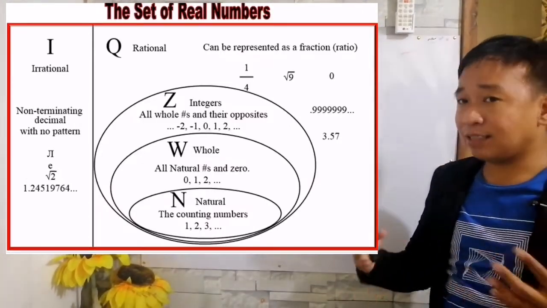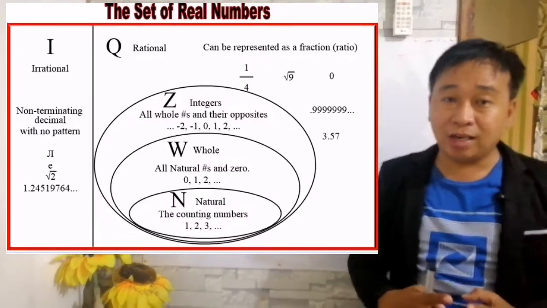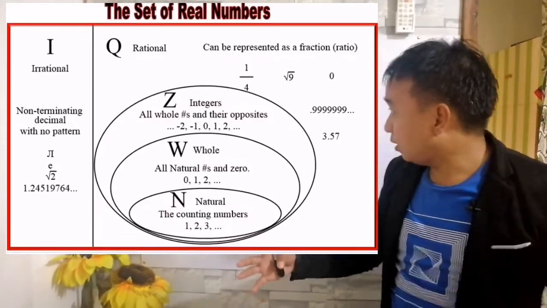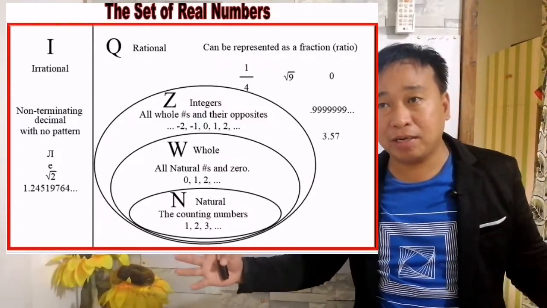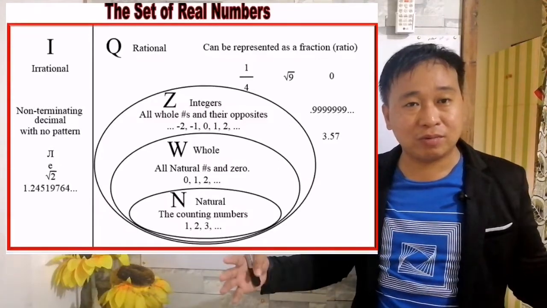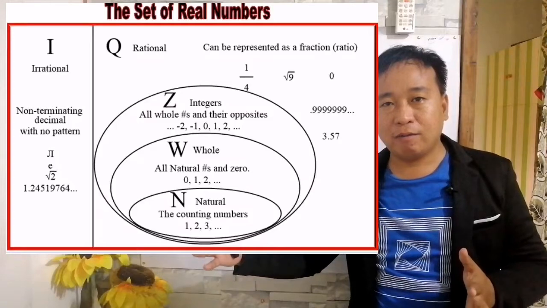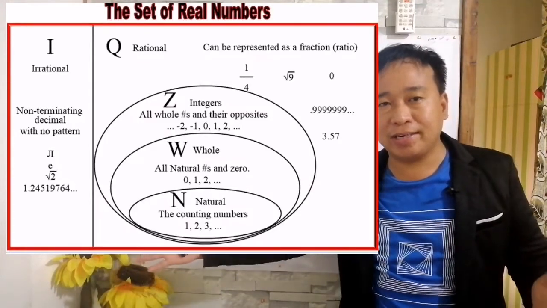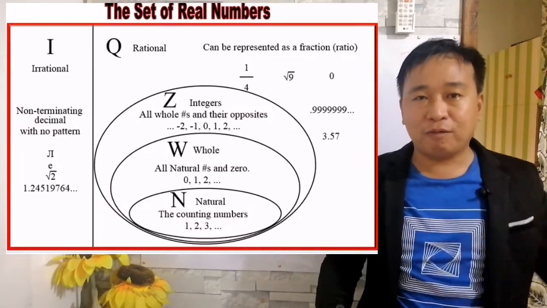So next, the set of integers. The set of integers are all whole numbers and their opposites. So whole numbers and all opposites, that's what we call integers. So 0, 1, 2, 3, 4, 5, 6, 7, so forth and so on, and the opposites are -1, -2, -3, -4.